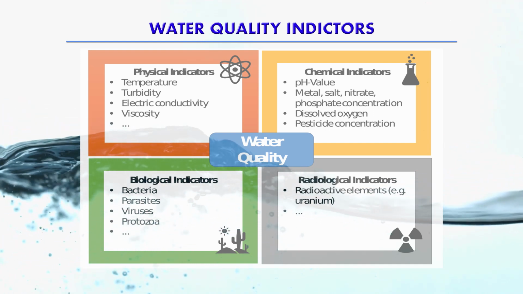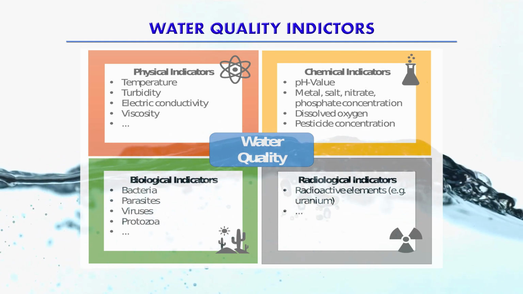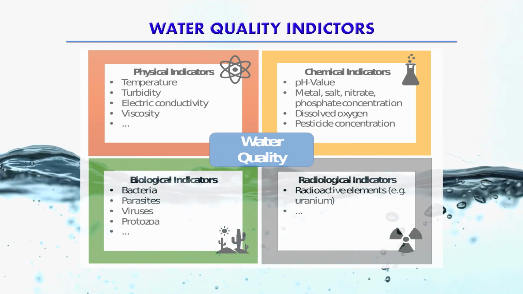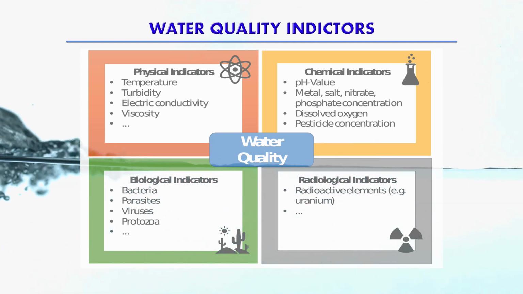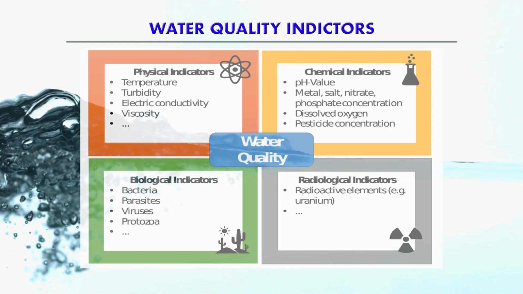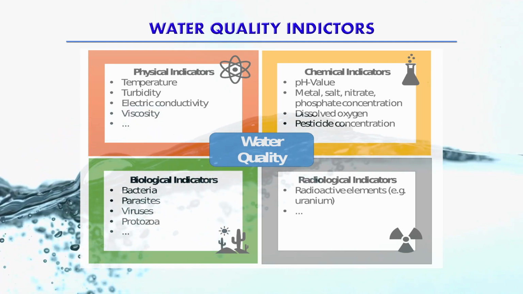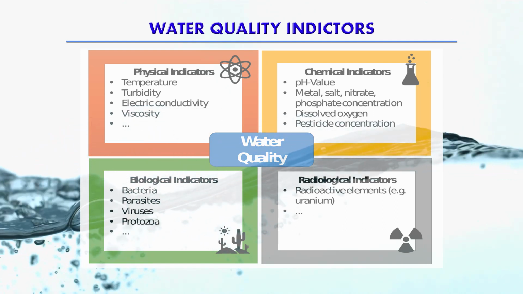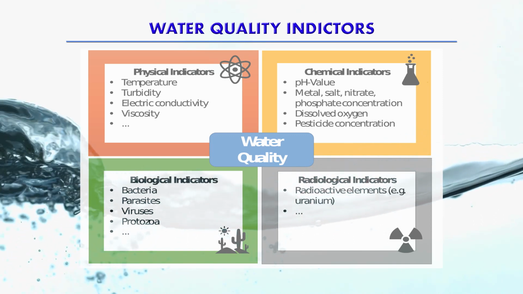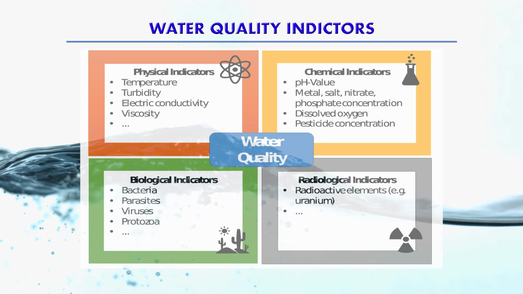Now we will do the physical indicator first. What are these physical indicators? Physical indicators mainly involve temperature, turbidity, electrical conductivity, viscosity, pH. All these come under the physical indicator. Number 2 is the chemical indicators. It involves metals, salts, nitrates, phytoplankton, pesticides, dissolved oxygen, phosphorus, nitrogen content.